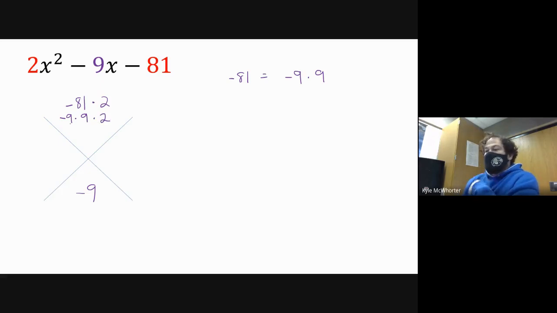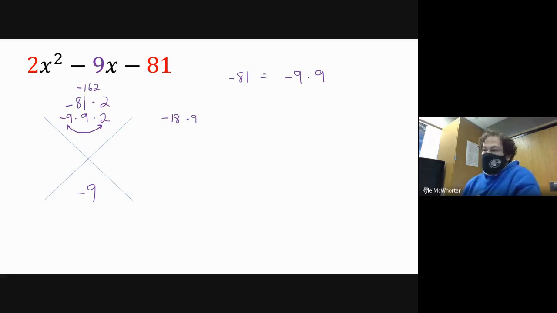And that can help me, because now if I look at putting the -9 times the 2, that would be -18. So by writing the factors, I was able to identify two numbers that will multiply to whatever this would be, -162.